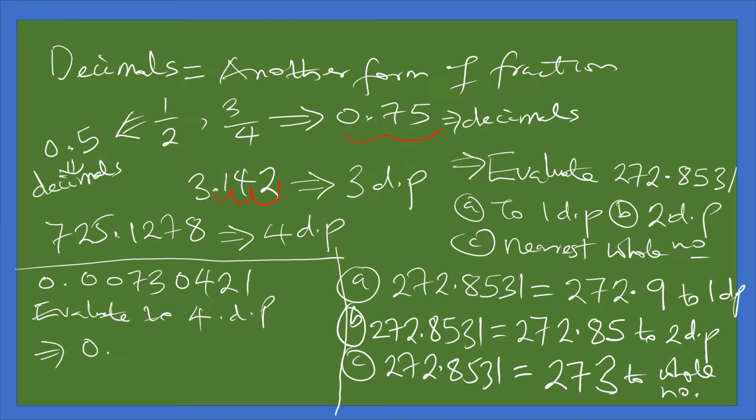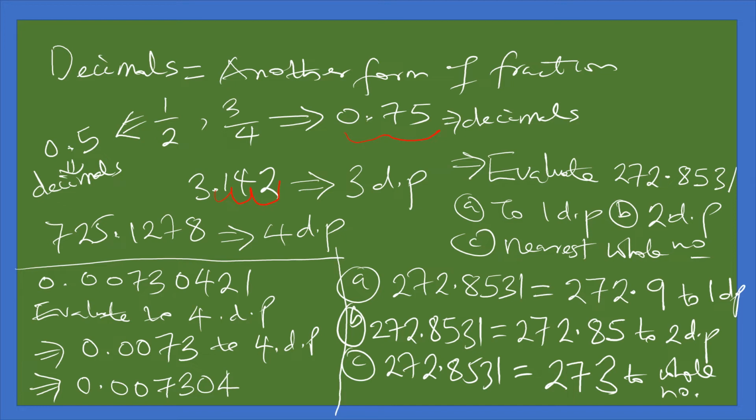The answer is 0.0073 to 4 decimal places. If they say evaluate to 6 decimal places, it will be what? 0.007304.